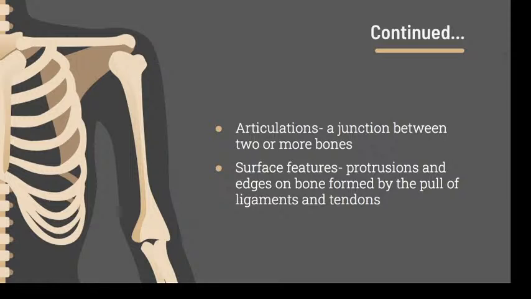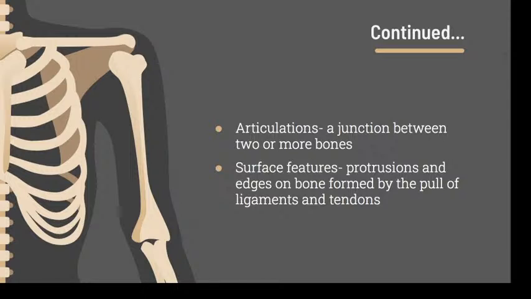Each bone has characteristic surface features that result from its attachments to ligaments and tendons. Ligaments and tendons pull on the bone, forming a variety of protrusions and edges. Additional bone characteristics are formed when the bones meet at joints and where blood vessels and nerves come in contact with the bone.